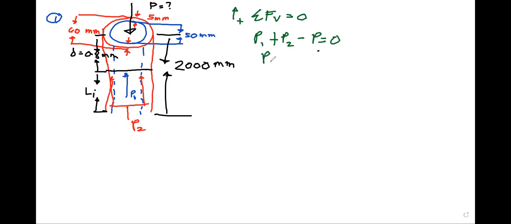And we can say that P1 plus P2 is equal to P. Okay? So, that is our equation of equilibrium. We used it based on our forces, the applied load and then the internal resistance of our steel bar and cast iron.